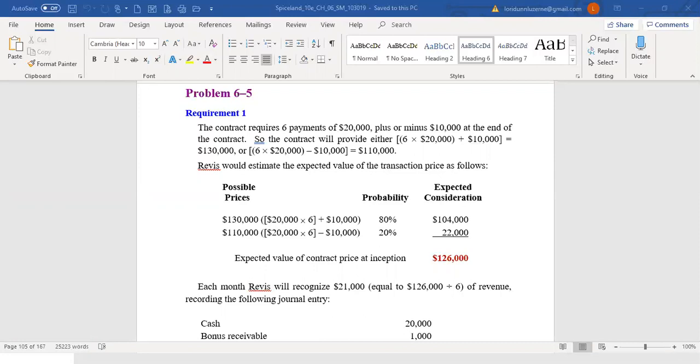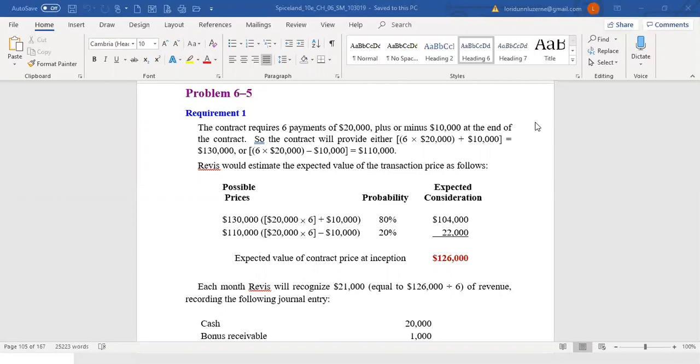Prepare the following journal entries for Revis. What is the journal entry on January 31st to record the collection of cash and recognition of the first month's revenue? So this contract is going to require 6 payments of $20,000 plus or minus $10,000 at the end of the contract. So the contract will provide either $130,000 or $110,000.